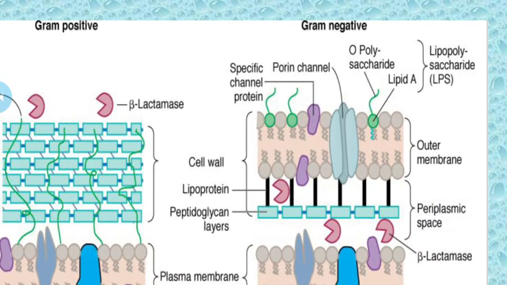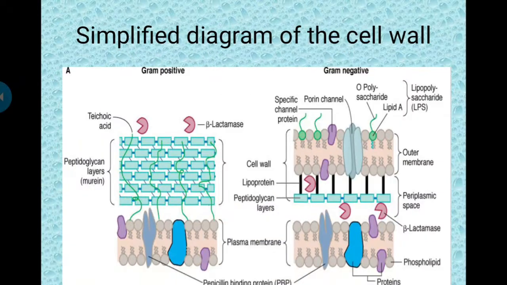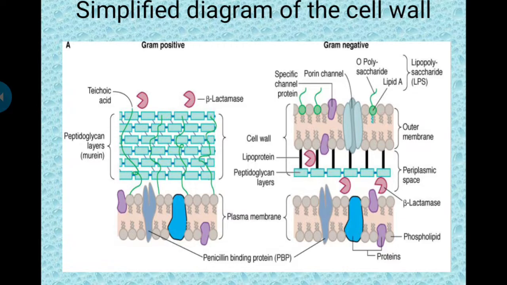But in the gram-negative, the structure is a little more difficult. There, the peptidoglycan layer is thin, but there is an outer membrane and a plasma membrane. Within the outer membrane there is a protein channel and lipopolysaccharide, and in the periplasmic space there is beta-lactamase, and most gram-negative bacteria express this beta-lactamase enzyme.